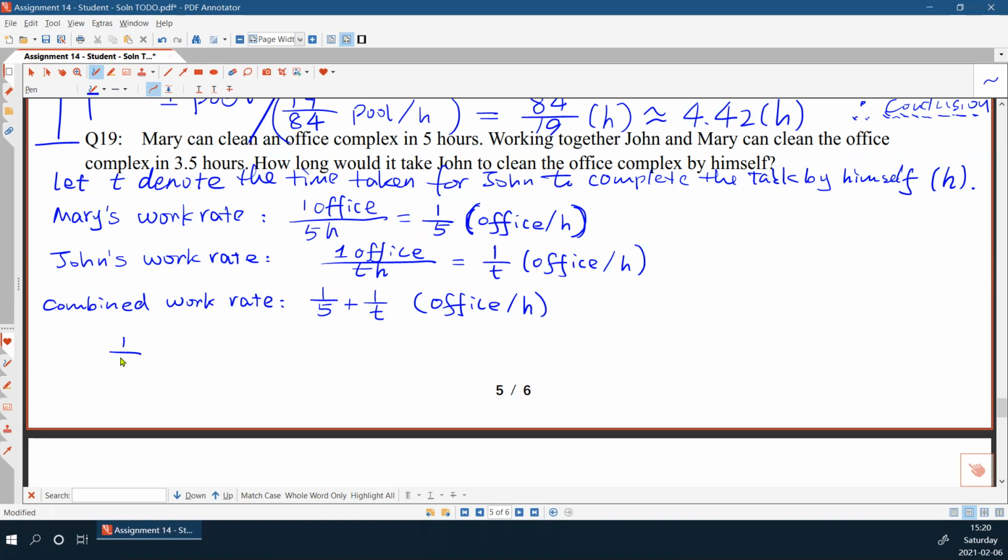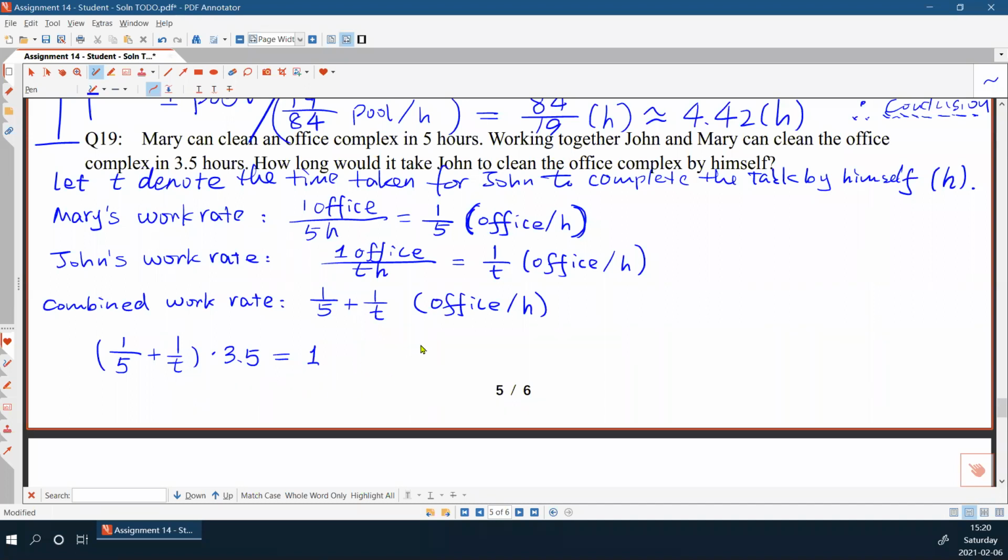That means the combined work rate times the time taken equals the whole task, which is one office, equals 1. Do you understand this? Okay, so this is our formula here.